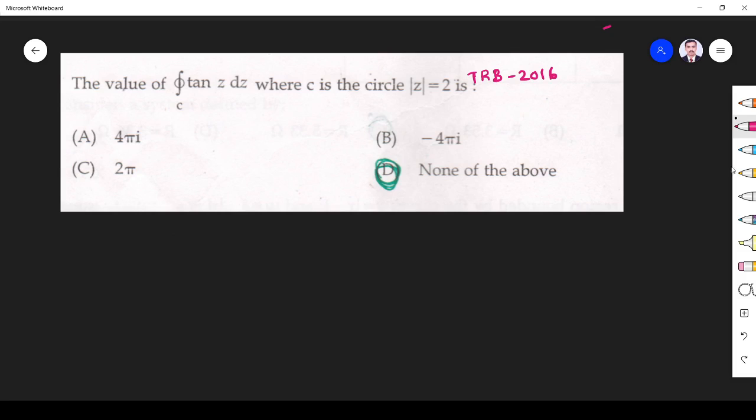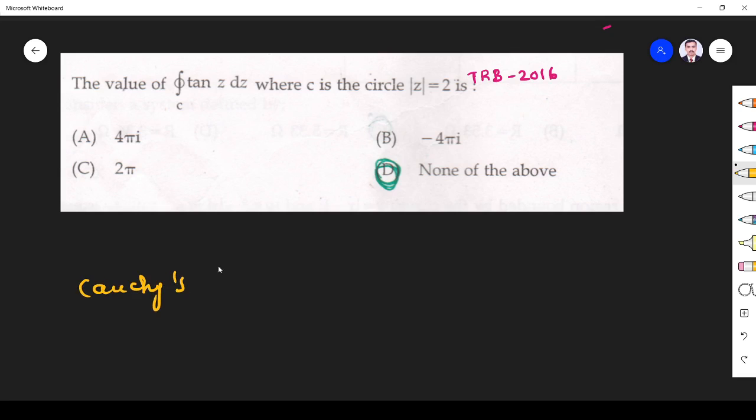Because in Cauchy's integral formula, we have f of z divided by z minus z naught, which means we can write 2 pi I into f of z. But here we don't have denominator, z minus z naught is not there, so we go for Cauchy's residue theorem, right? So if you want to solve this problem, we have to apply Cauchy's residue theorem.